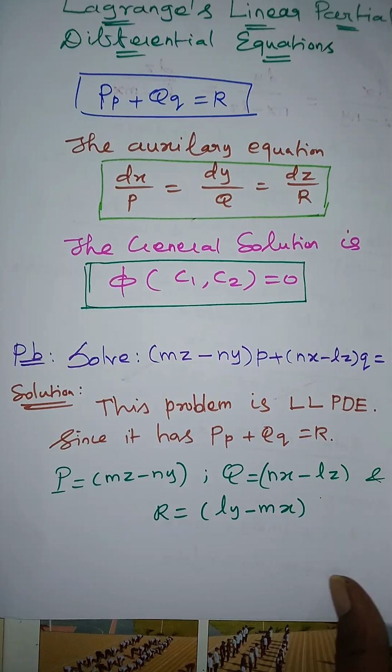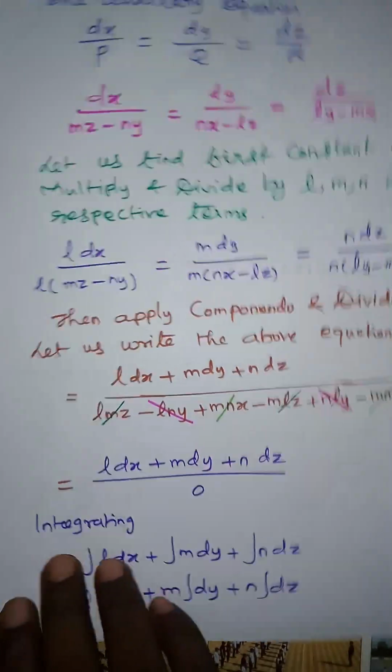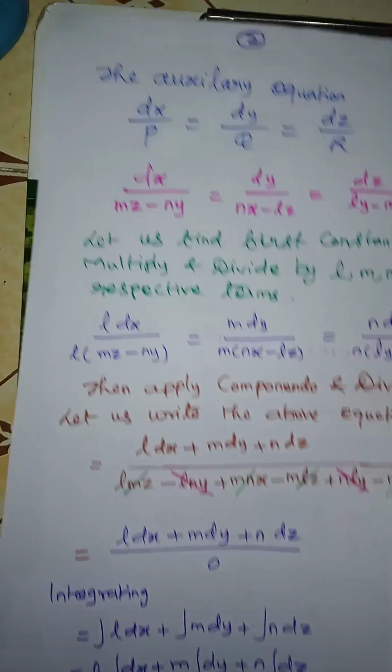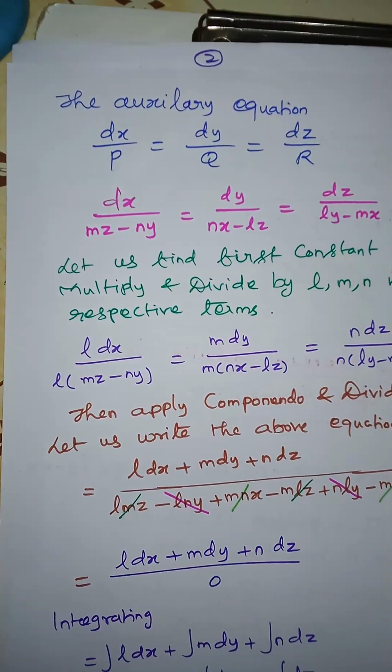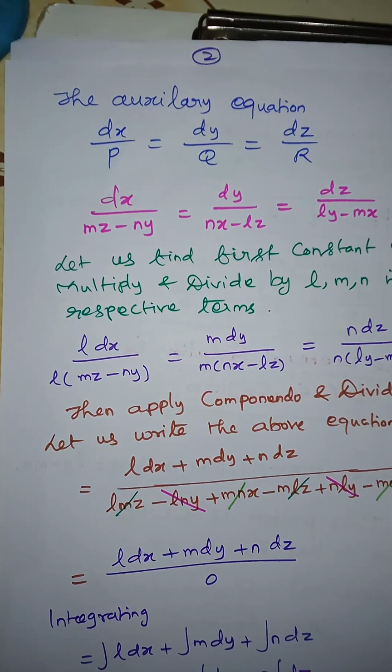Now we have completed choosing P, Q, R. Now we are going to write the auxiliary equation of the problem. We already know dx by capital P equals dy by capital Q equals dz by R. Let us substitute mz minus ny, nx minus lz, ly minus mx for P, Q, R. Let us first find the constant c1.